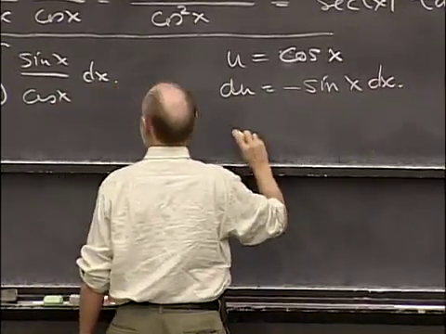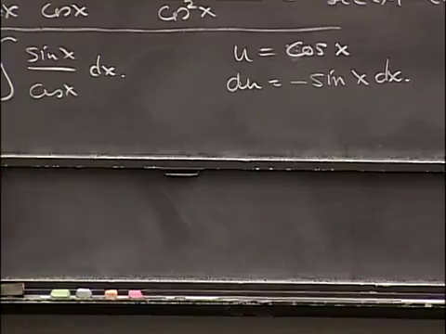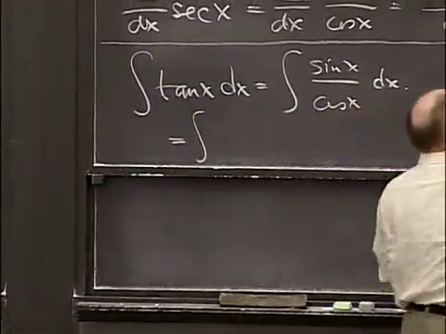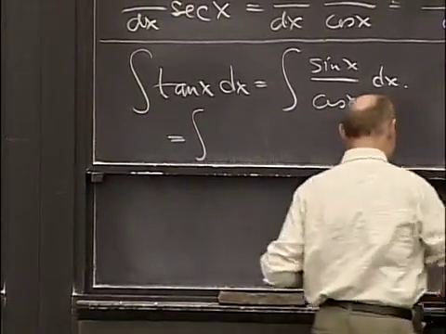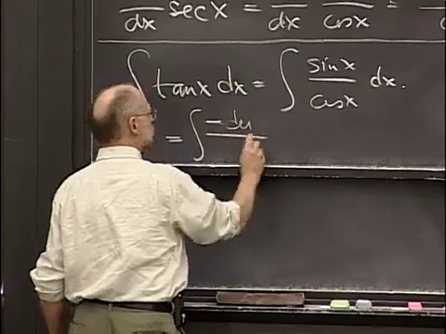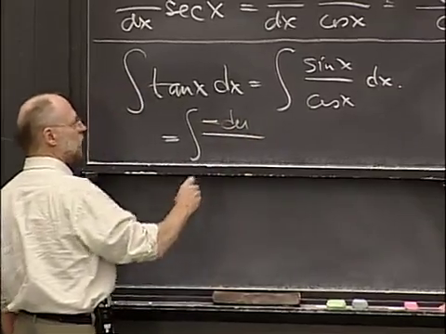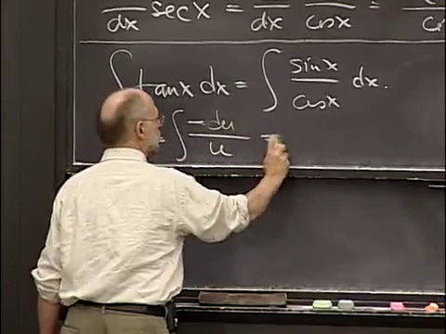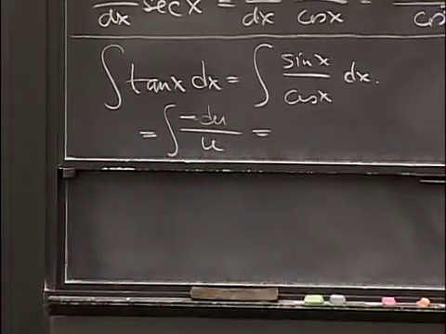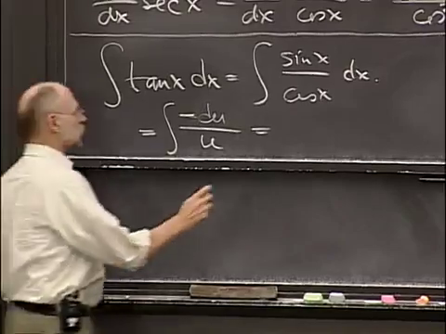And so I can rewrite this, under this substitution, as minus du, that's the numerator, sine x dx is minus du divided by u. Well, I know how to do that integral too. That gives me the natural log, doesn't it?